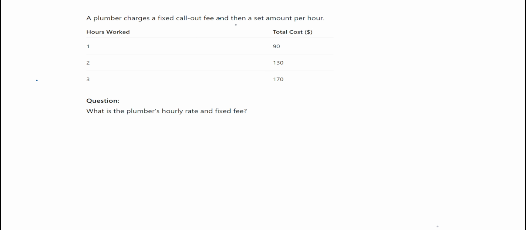Set amount per hour is the rate of change, and a fixed call-out fee would imply that this is a linear relationship. Plumbers, when they come out, will charge you a fee to come out, and then for every hour it takes them to fix whatever's wrong with your pipes, they charge an hourly fee.